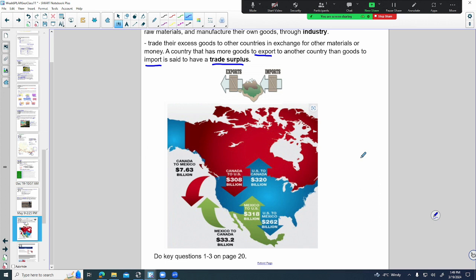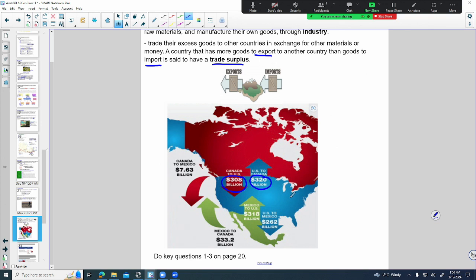You have Canada exporting 308 billion, and then you have the US importing to Canada 320 billion. Okay, so obviously the US has more that's going out, and Canada has less that's being exported.